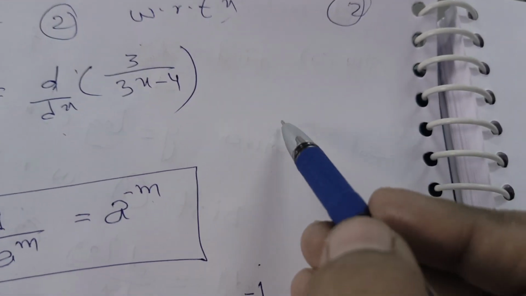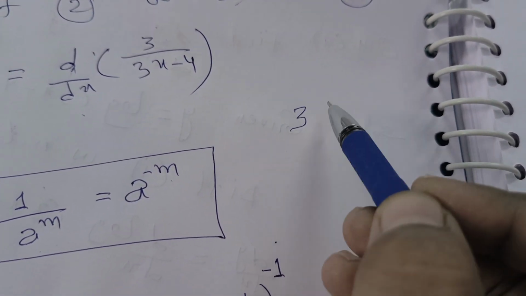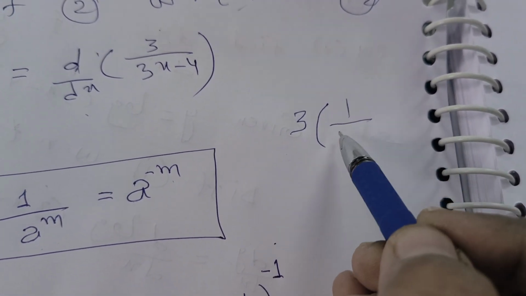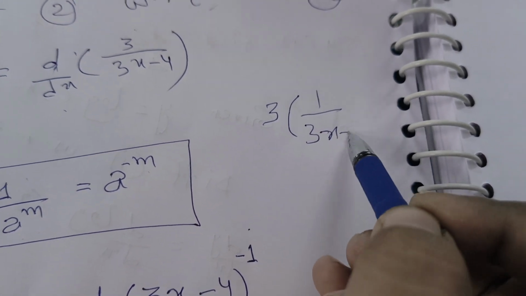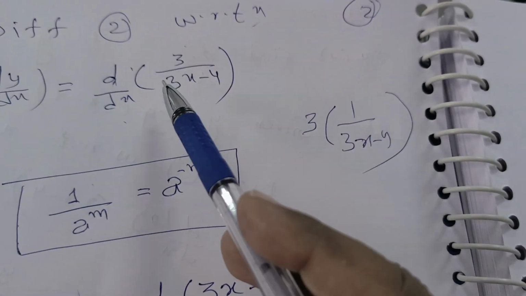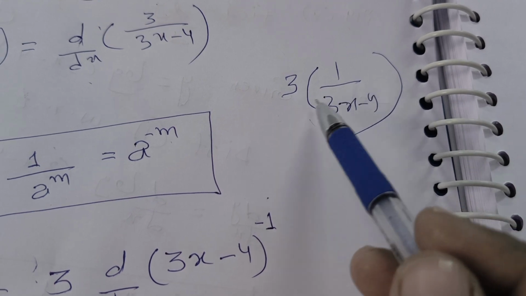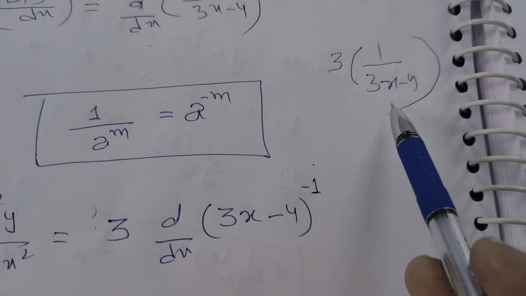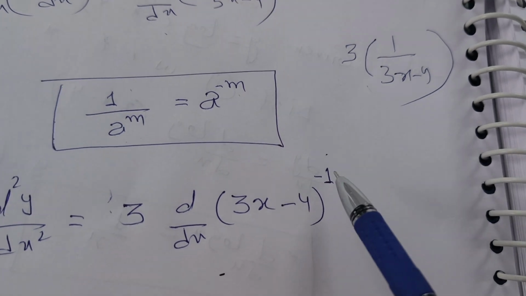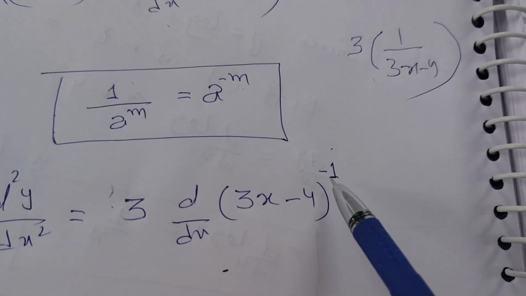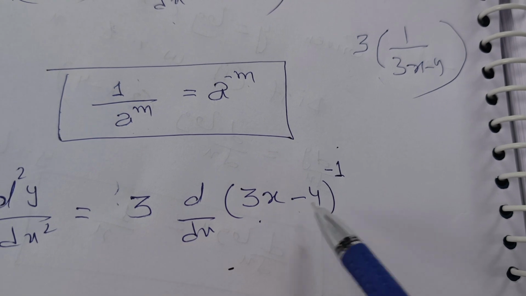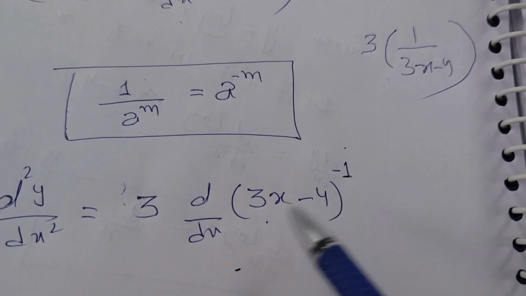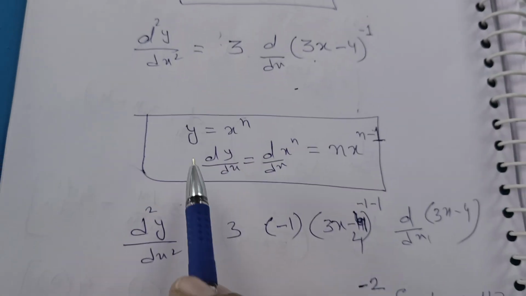So here we have 3 into 1 by 3x minus 4. This term can be written like this: 3 into 1 by 3x minus 4. So 1 by 3x minus 4, when we write in the numerator, it becomes whole power of minus 1. 3x minus 4 whole to the power of minus 1. 3 we have written outside.